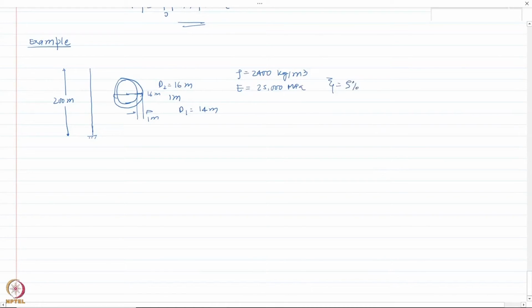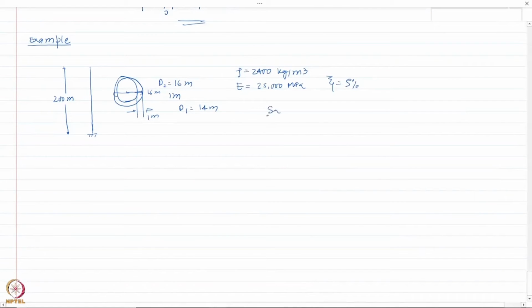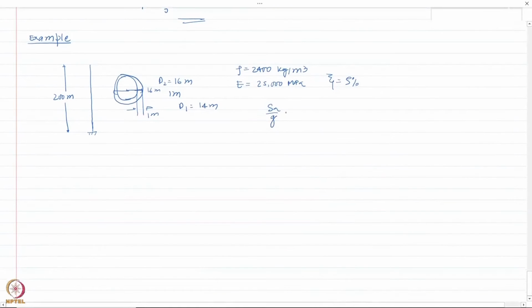And it is given that the expression for Sa by g, the spectral acceleration, can be taken as 1.8 divided by the natural time period. So this is for any design spectra, in which case this expression can be taken to find out the spectral acceleration for this problem. Okay, so let us now solve the problem.